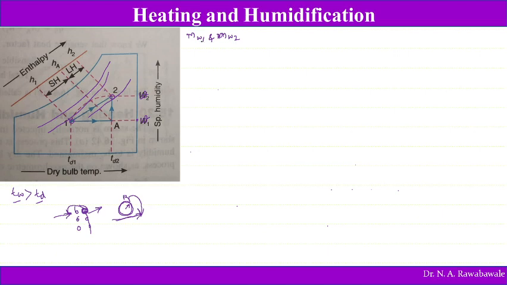So MW1 and MW2 are the mass of spray water entering and leaving the humidifier in kg.